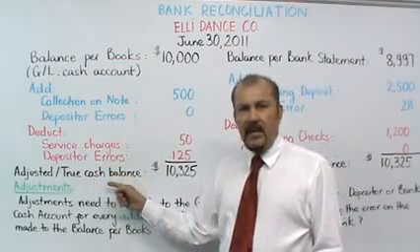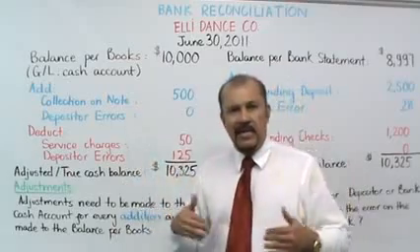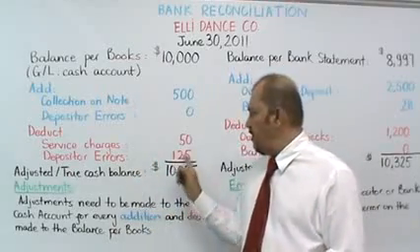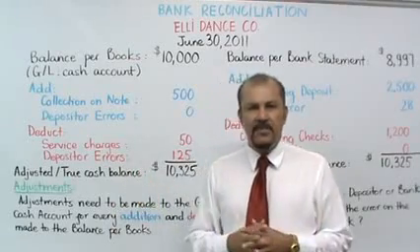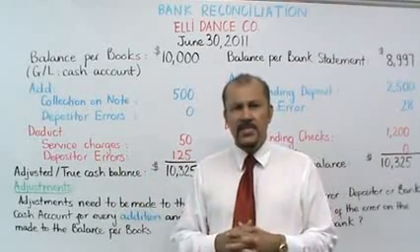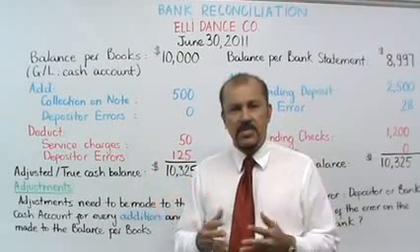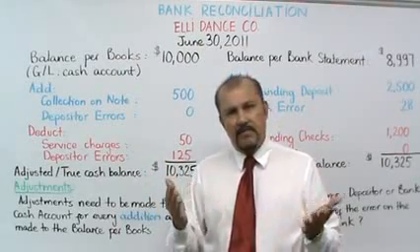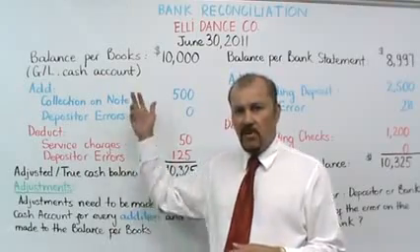Depositor error. Now, when going through the records, we find that Ellie's bookkeeper made an error that affected her book balance. So let's say, hypothetically, during the month on a deposit that Ellie was making, let's say for $1,000, the bookkeeper put $1,125 as the number on Ellie's books.